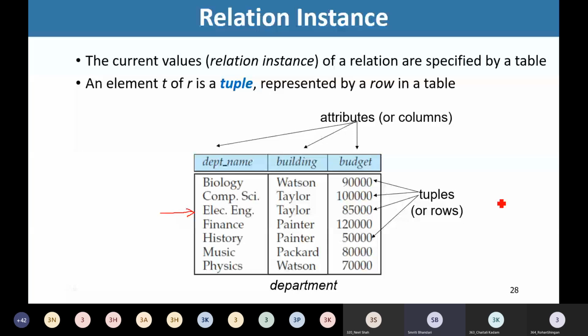So in the relational model, we say there is a table or there is a relation. So this is a department relation, and this particular data at this instance of time that is stored in this department relation is the instance of this relation department.